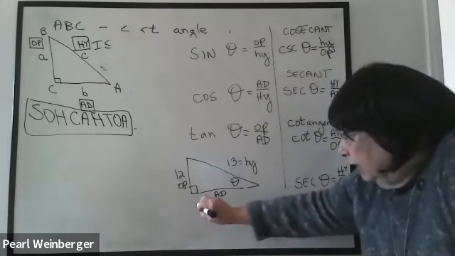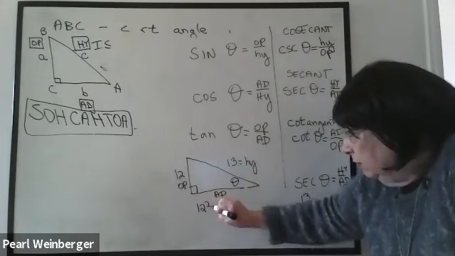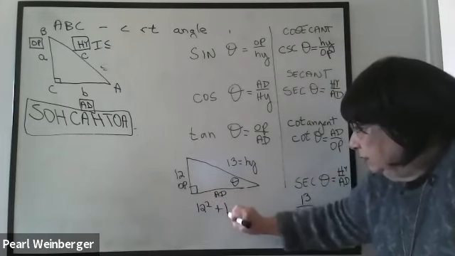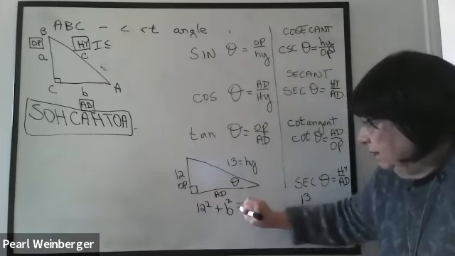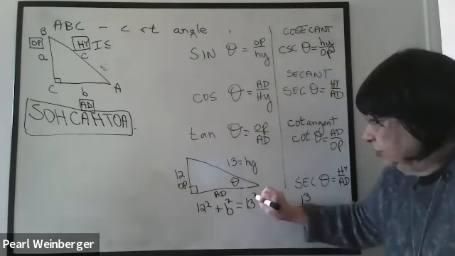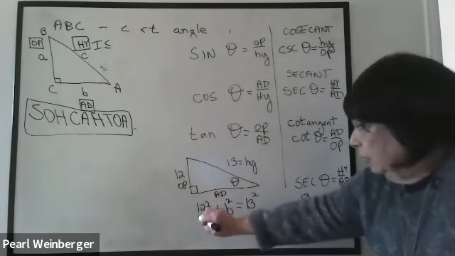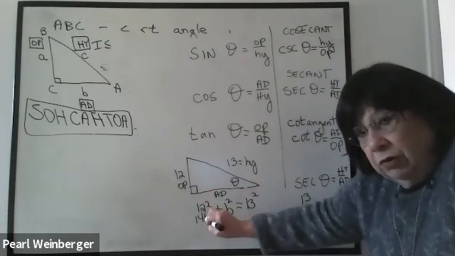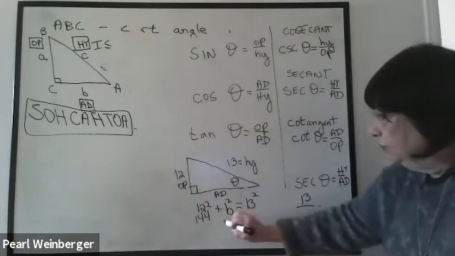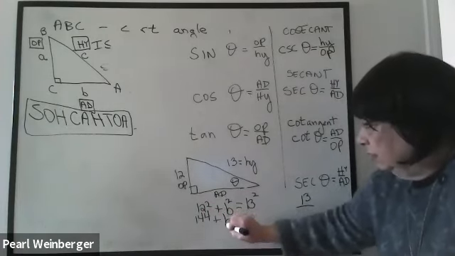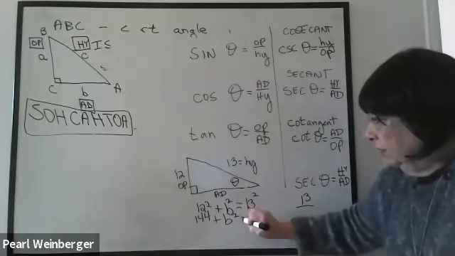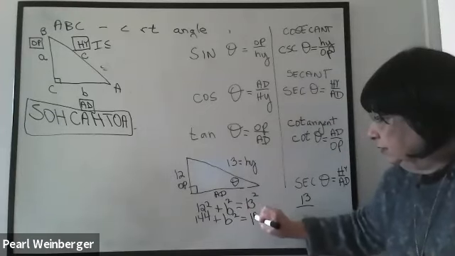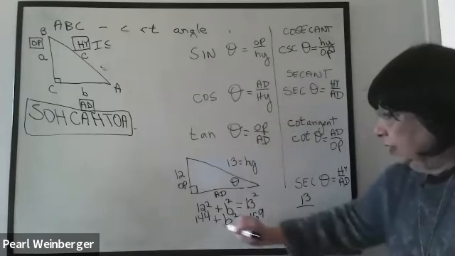I'm going to do a squared, 12 squared, plus b squared. This is my b squared, equals c squared. That's my 13 squared. So I get 144 plus b squared equals 169.